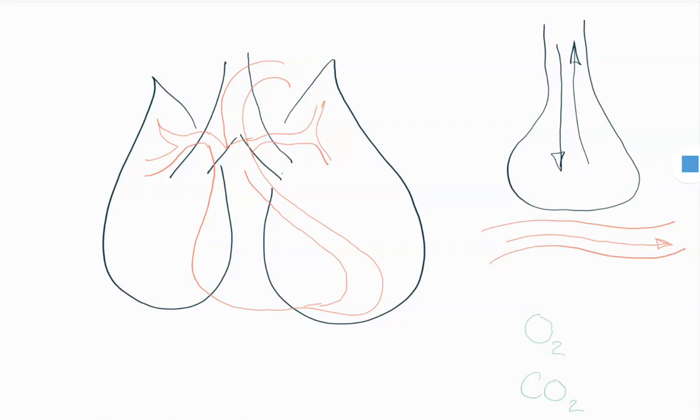Let's take oxygen to start with. Oxygen is not a very soluble gas. As fresh air with 21% oxygen is brought into the alveolus, it interfaces at the alveolar membrane with the capillary membrane, and on the other side of that is a fluid with a low oxygen tension, hypoxic blood.